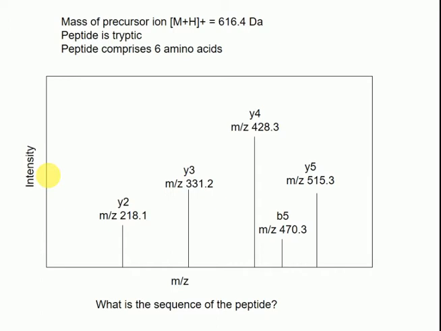Then we're missing a Y1. So now we've got a problem. We're going to have to use this B5 fragment. This is where the differences in structure will come into play. The B fragment is the sum of the amino acids plus the charge.